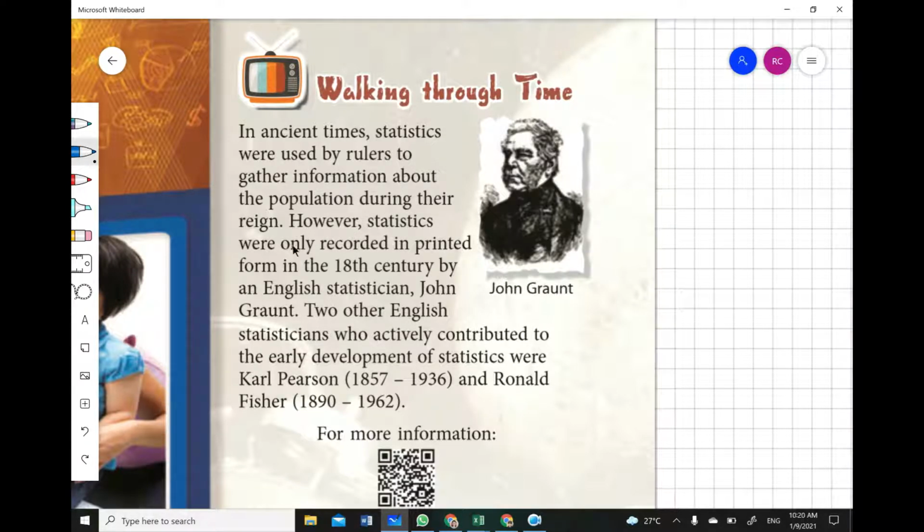However, statistics were only recorded in printed form in the 18th century by an English statistician, John Grant. Two other English statisticians who actively contributed to the early development of statistics were Carl Pearson and Ronald Fisher. So you remember this name, John Grant.